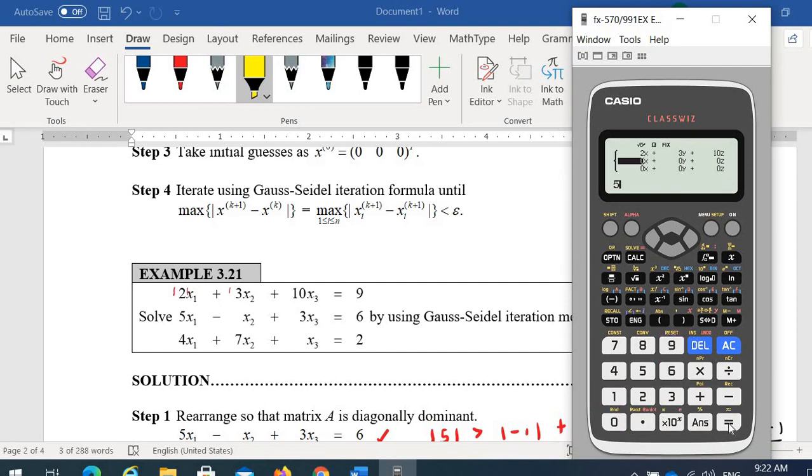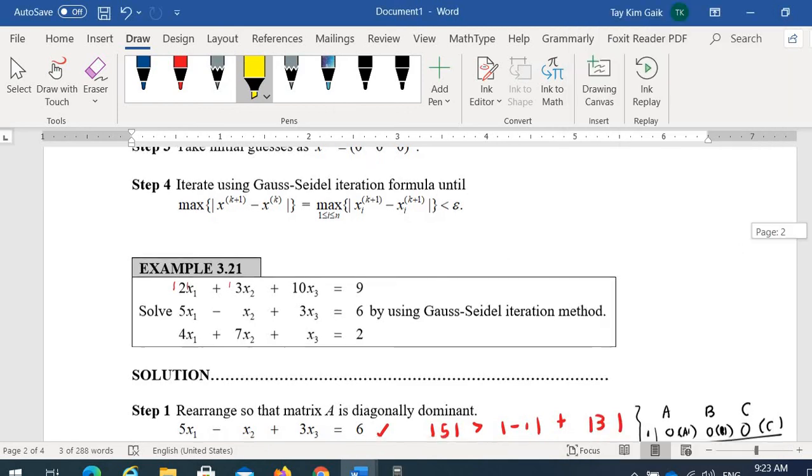Key in the coefficients row by row, including negative 1 and 3, and then 4, 7, 1, 2. So check 962, then 3, 1, 3, negative 1, 7, 2, 5, 4, 54.